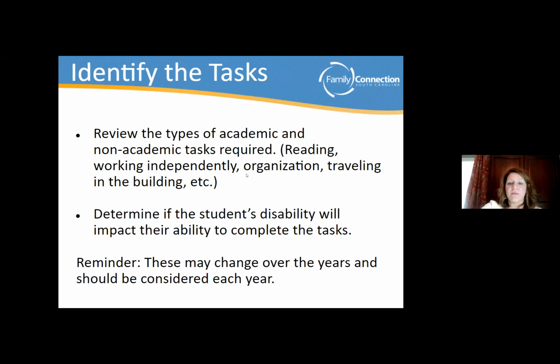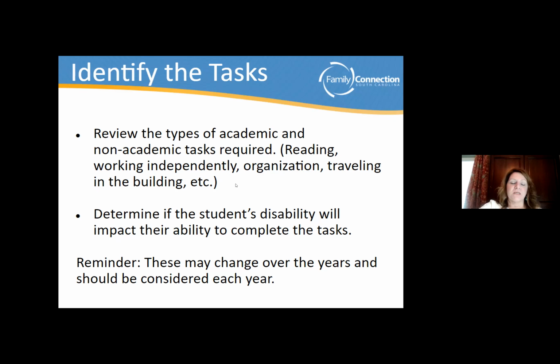Are they required to work independently? Do they have to have a certain organization to be able to complete a task? Sometimes non-academic tasks come into play, like traveling in the building. So accommodations are needed there as well for students who have difficulty finding their way, or who need extra time to travel, or need to be released earlier or a little later to move between in the hallways.